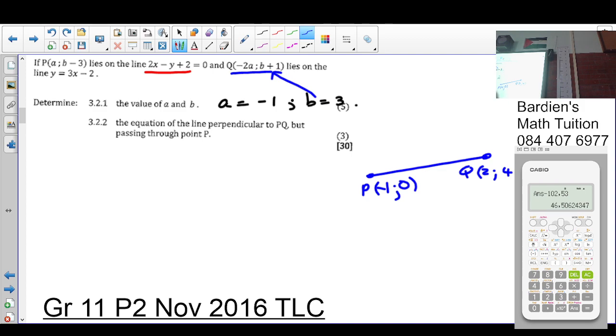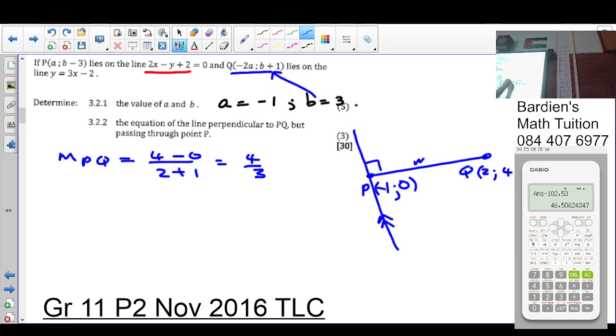Determine the equation of the line perpendicular to PQ, but passing through P. It's perpendicular, so what do we know? The product of the two gradients is negative 1. So I need to get the gradient of PQ first. PQ is going to be 4 minus 0 over 2 minus negative 1, so it's 4 over 3. So this gradient is 4 over 3.